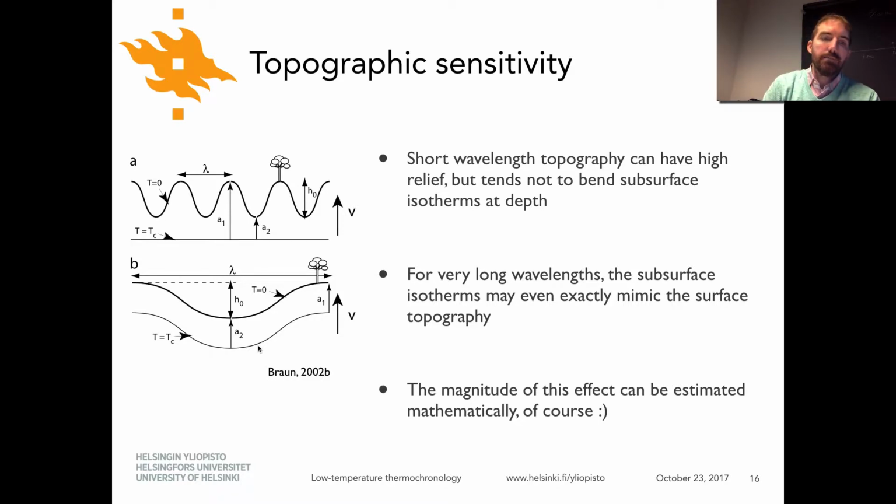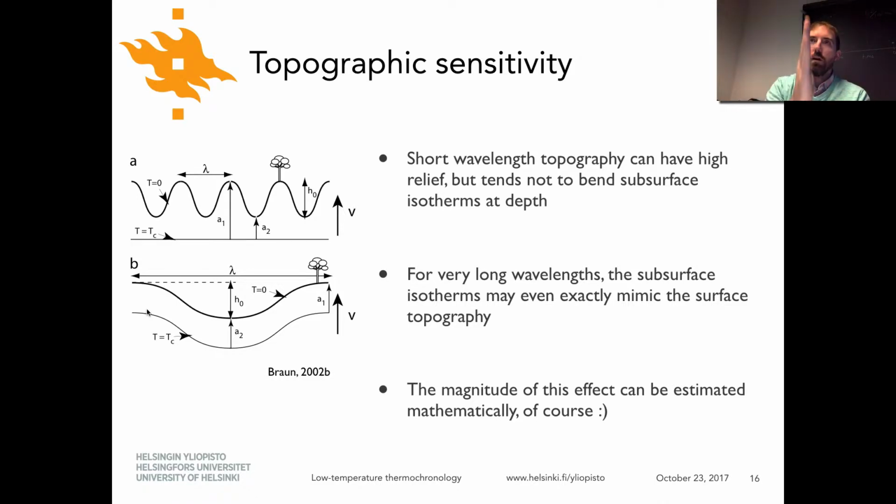And so, at the opposite end of things, here the topography and the closure temperature isotherm might actually be exactly the same shape. If you do this regression line thing on a closure temperature isotherm that's the same shape as the topography, you'll get an infinite slope.